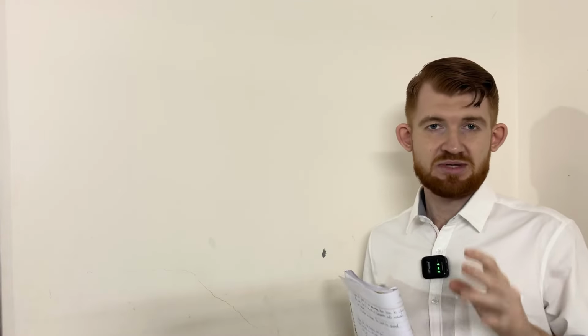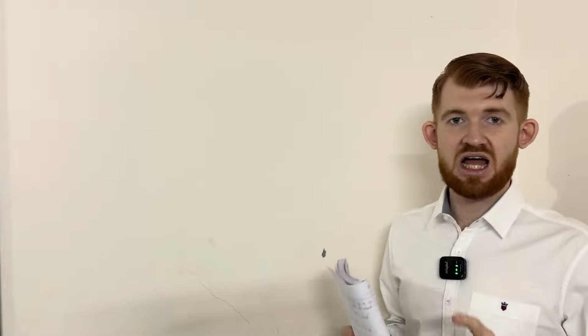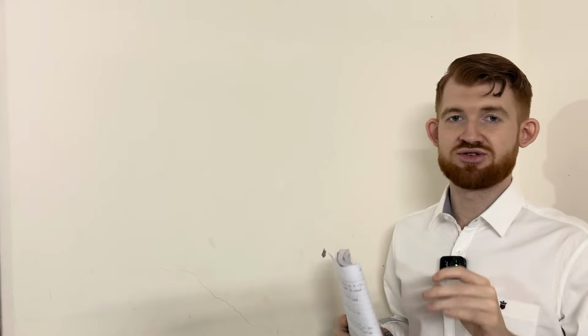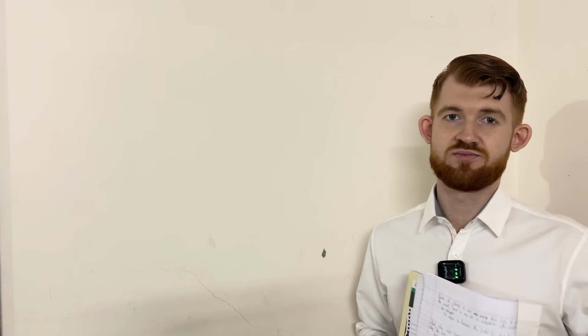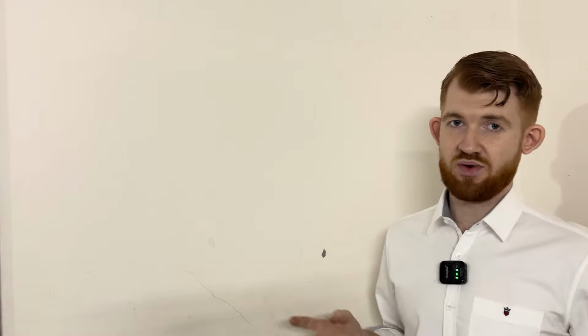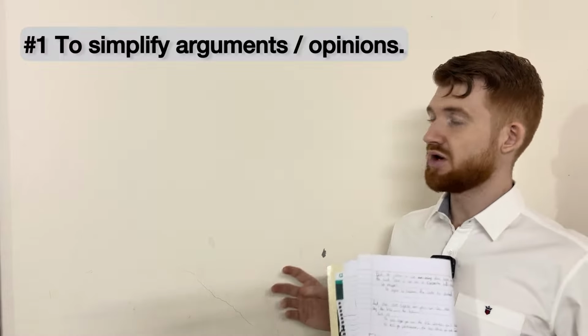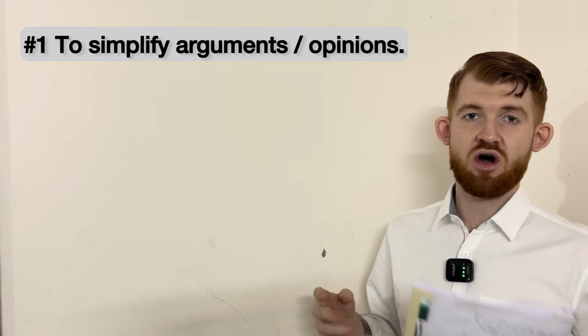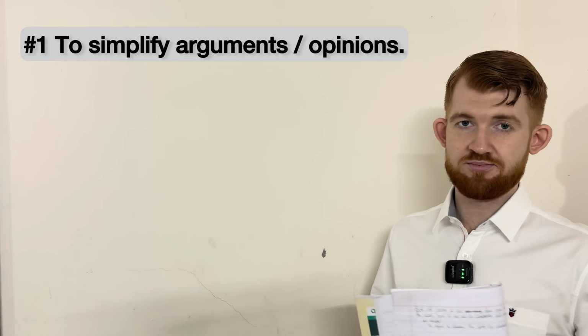Now that we've seen some examples and we know how this structure works, it's time to see how we can actually use this in our real life. So the most common way, number one, is when we want to simplify our argument or our opinion.